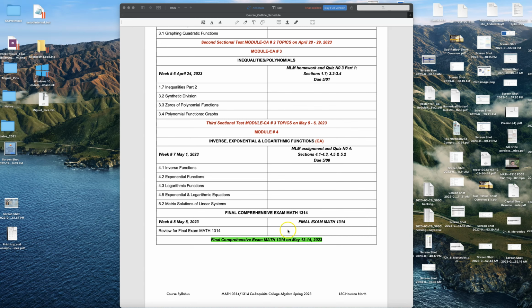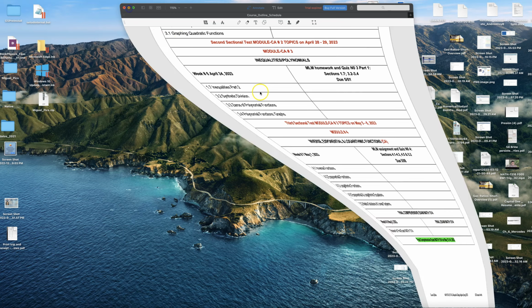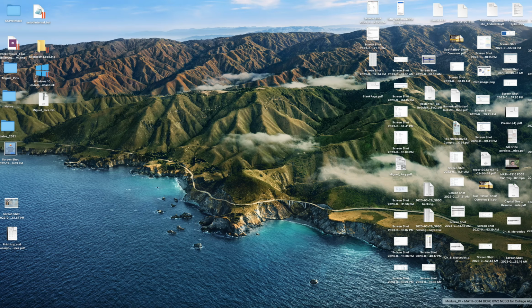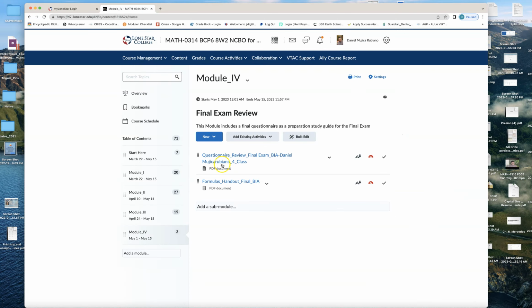Let me show you very quickly what we have in D2L. This is for the developmental portion. As you can see, there are only two instructional materials in Module 4, because, as I mentioned before, Module 4 for developmental doesn't have any new subject. We covered all the subjects already.